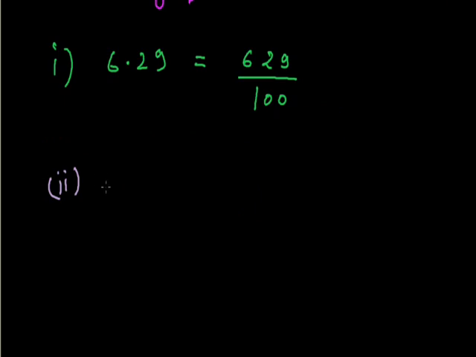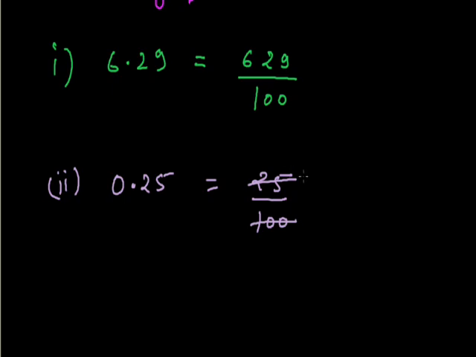Another example, we have to convert 0.25 into a fraction. Then it will be equal to 25, that is the number, upon, we have only two decimal places, so we'll put 2 zeros in the denominator. Now here you can see that 25 and 100 have 5 in common, so we can cancel it.